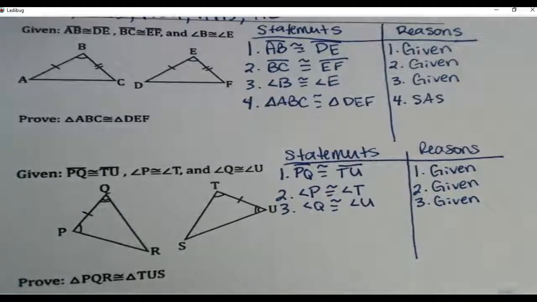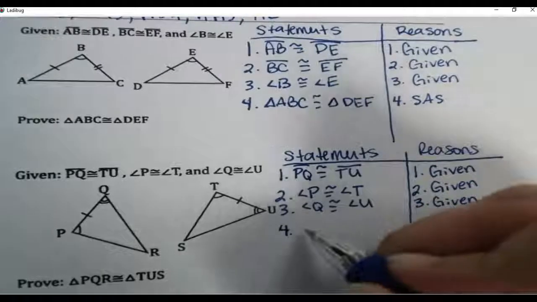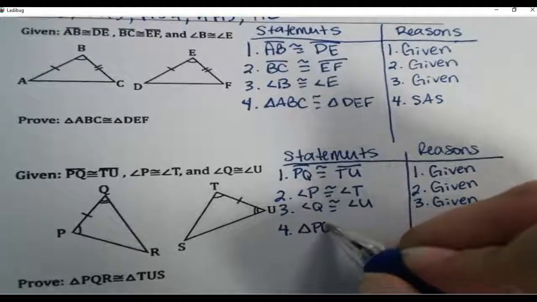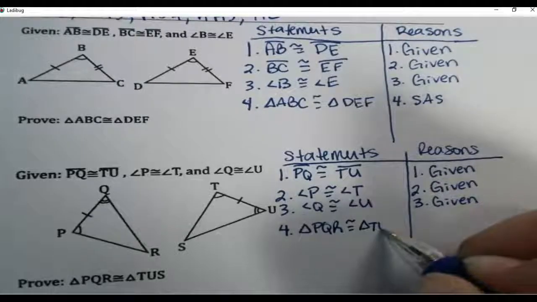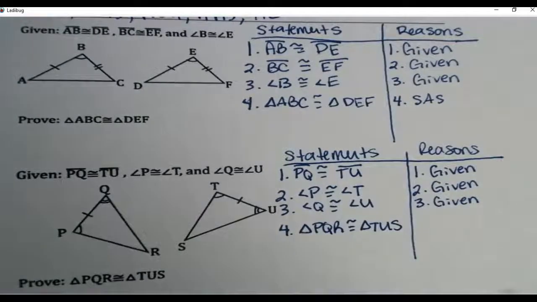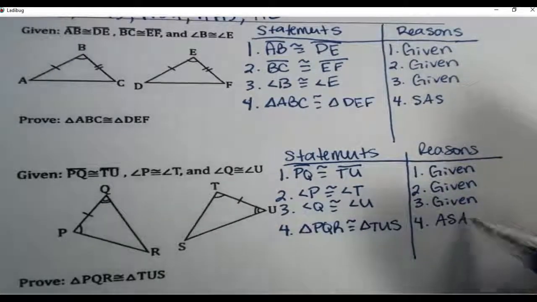Yeah, based off of what theorem? Good. Angle, side, angle. Very good. So then I'm proving that triangle PQR is congruent to triangle TUS. And we said that was because of angle, side, angle.